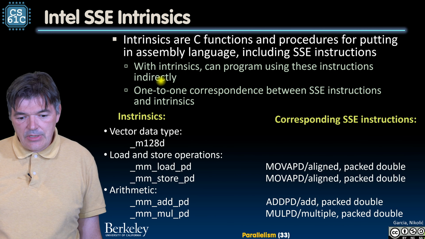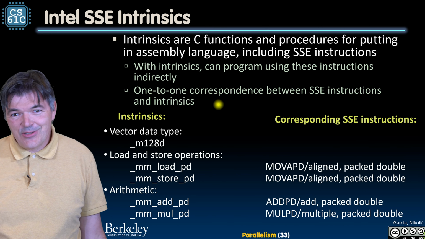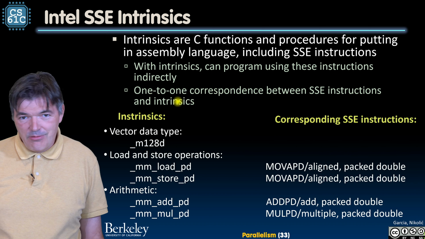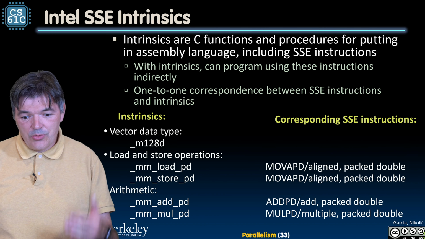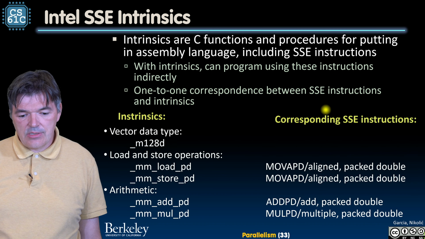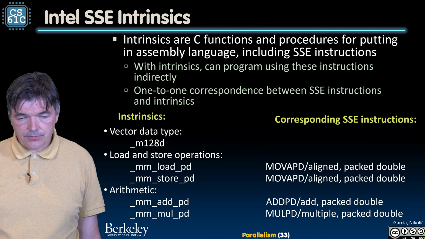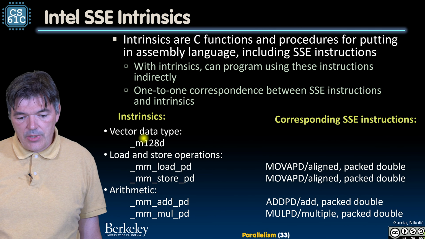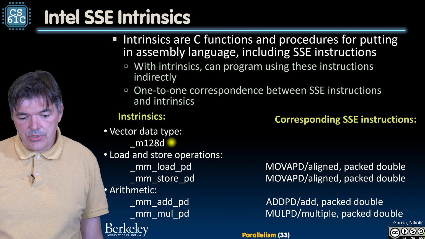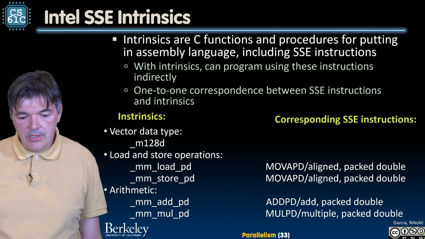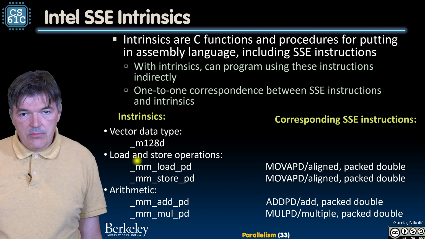So we are essentially inserting assembly instructions into the C code, and they're mapped one-to-one to their corresponding SSE instructions. Here, we can pick the vector data type, which is __m128, and then we can do load and store operations.